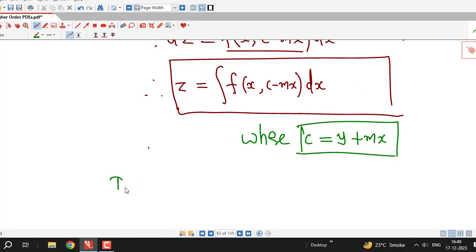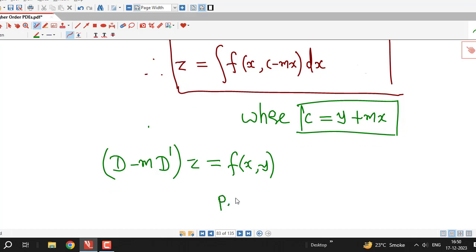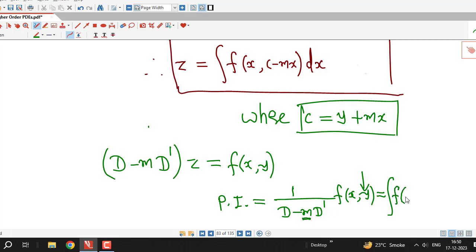So what we have discussed is that if we have this type of equation (D minus mD')z equal to f(x,y), then the particular integral equals 1 over (D minus mD') operated on f(x,y), and here we replace y by c minus mx, where m is this value, and we integrate with respect to x.